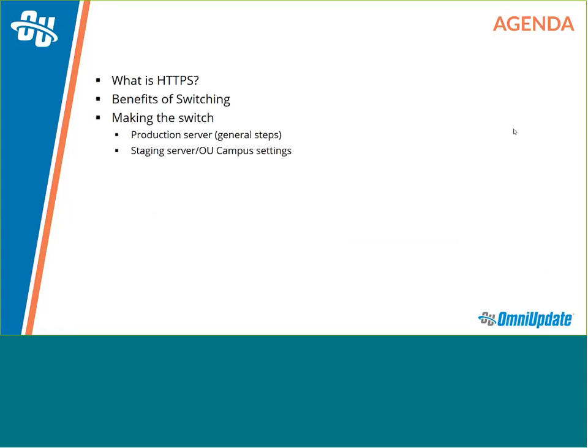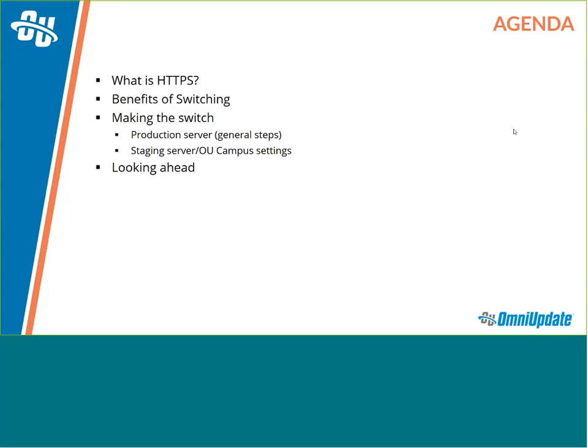Where we'll really spend most of our time is once you've figured out those production server steps. The next thing is getting your content inside of OU Campus to abide by that new standard. So we'll be covering some of the things that you'll want to watch out for once you've made your switch on the production server side, and then taking it from there. We also want to look a little bit ahead. HTTPS is obviously a really hot button topic, really popular these days.